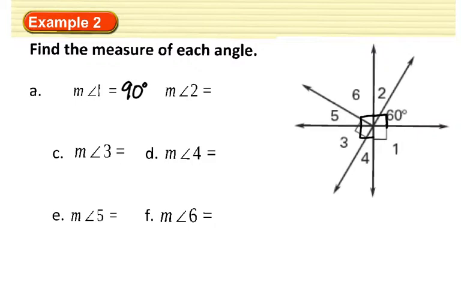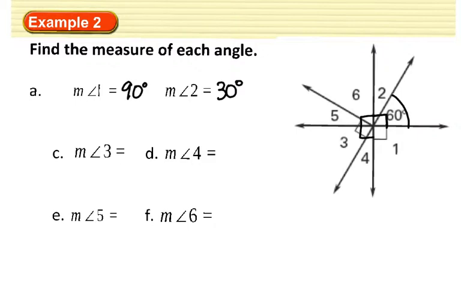So, angle 2 and this angle measurement that you see at 60 are going to add up to get the whole 90 degree angle. So what's left over from 60 after subtracting it from 90 is 30 degrees. So that's our angle 2 measurement.